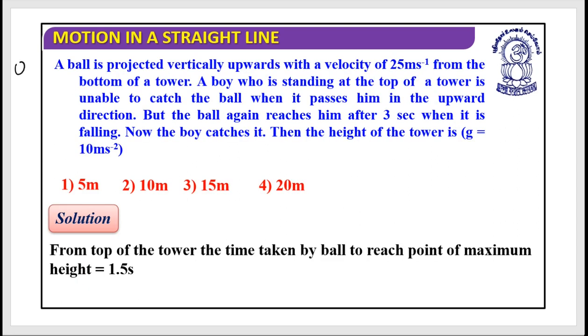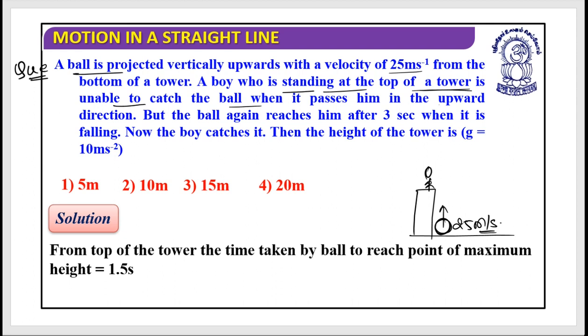Go through this quick and accurate. The data given is that a ball is projected vertically upward with a velocity of 25 meter per second from the bottom of a tower. A boy who is standing at the top of the tower is unable to catch the ball when it passes him in the upward direction.